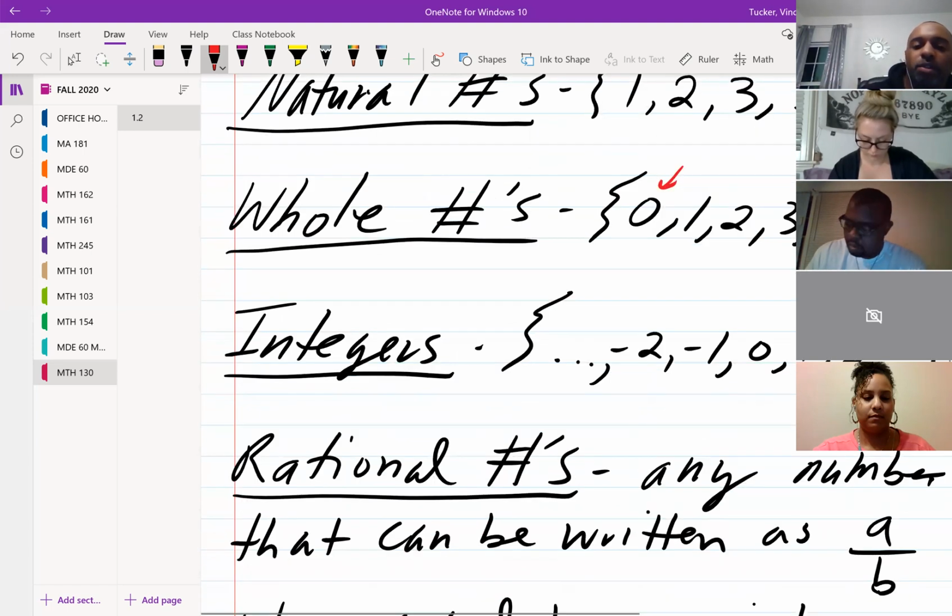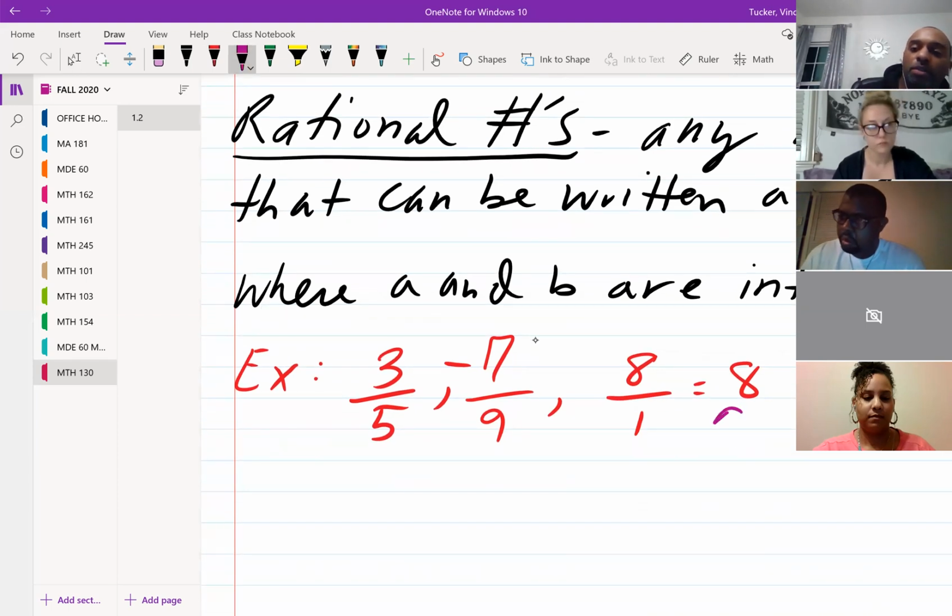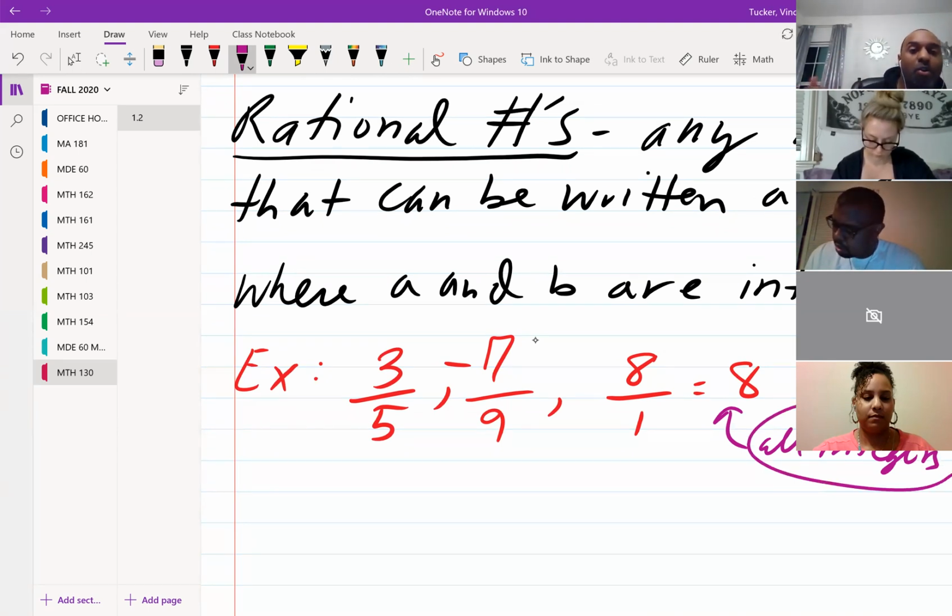So that is included in that. And then our rational numbers are any number that can be written as A over B, where A and B are integers. So that means 3 over 5 would be a rational number, negative 7 over 9 would be a rational number. 8 over 1 is also a rational number, but don't forget, if you simplify 8 over 1, that's the same thing as 8. So that means all integers are rational. And remember, if all integers are rational, that means all natural and whole numbers are rational as well.